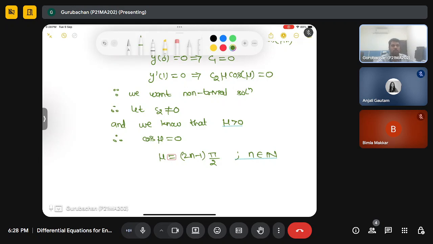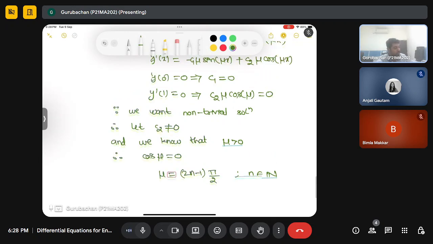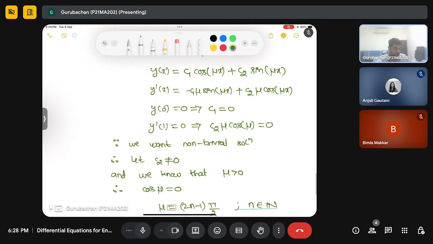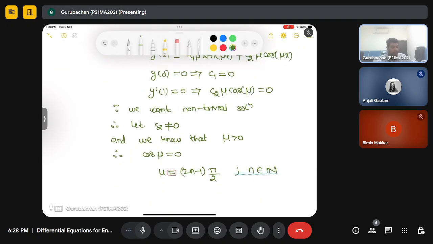Non-trivial solution means non-zero eigenfunction. And what will be the corresponding eigenfunction? Since C2 is non-zero, that means C2 is arbitrary.